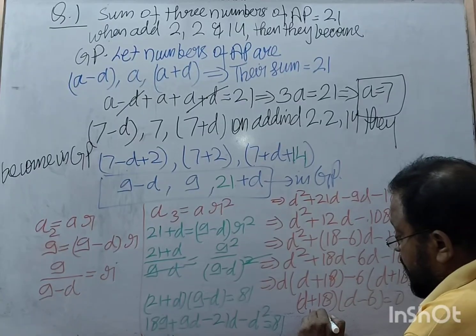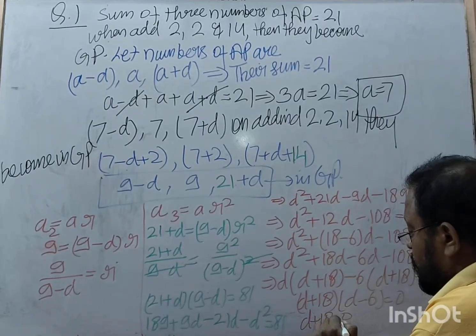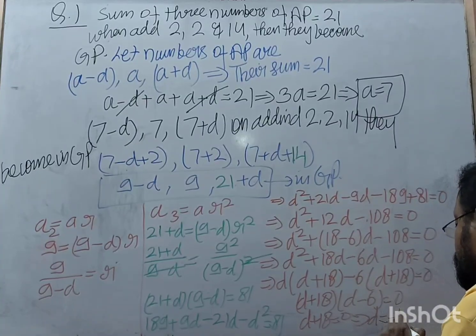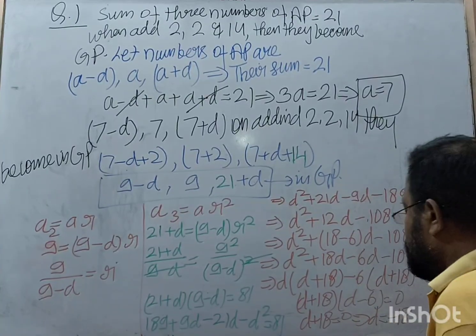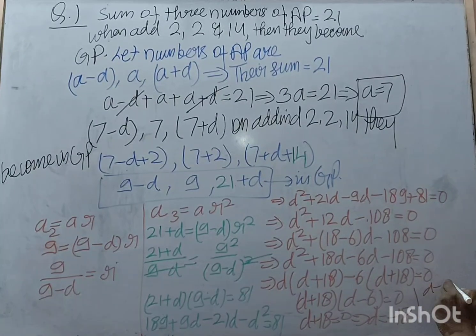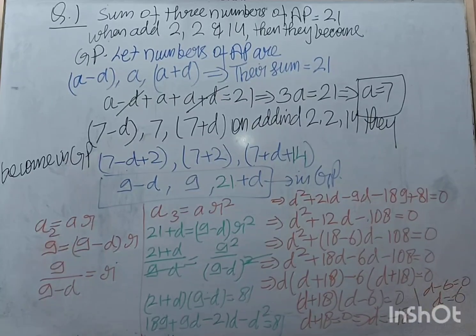So d plus 18 is equal to 0, so d is equal to minus 18. And d minus 6 is equal to 0, so d is equal to 6.